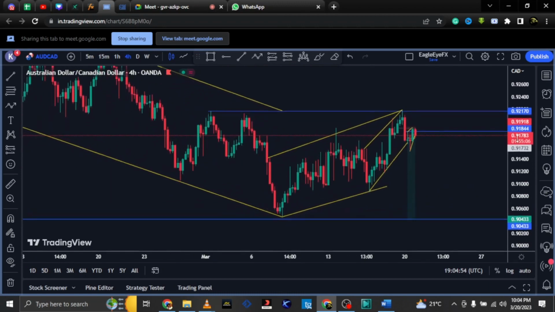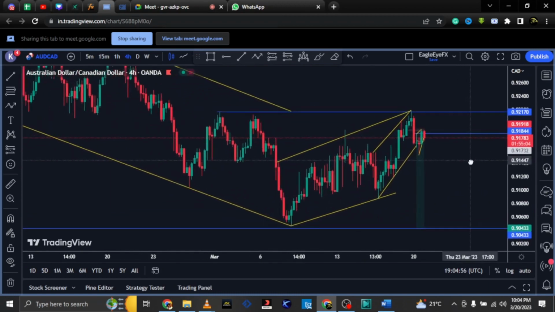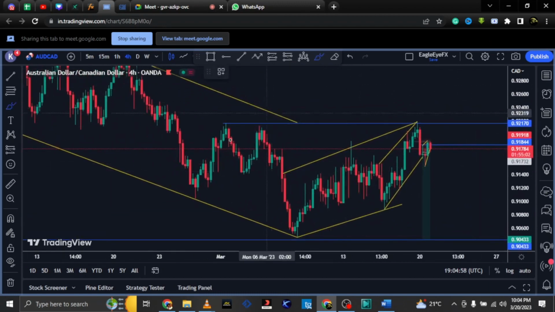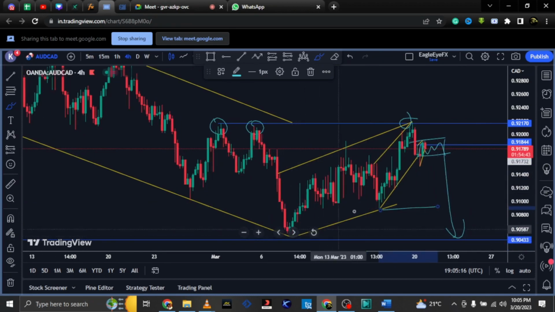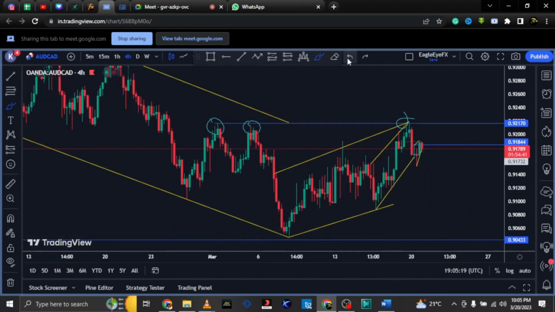The reason I'm looking for selling opportunities on this pair is that we had this triple top over there, then a very strong impulse move, and now we are on the correction. So I'm looking for a continuation. This continuation can come up to here or can come all the way to that level over there.